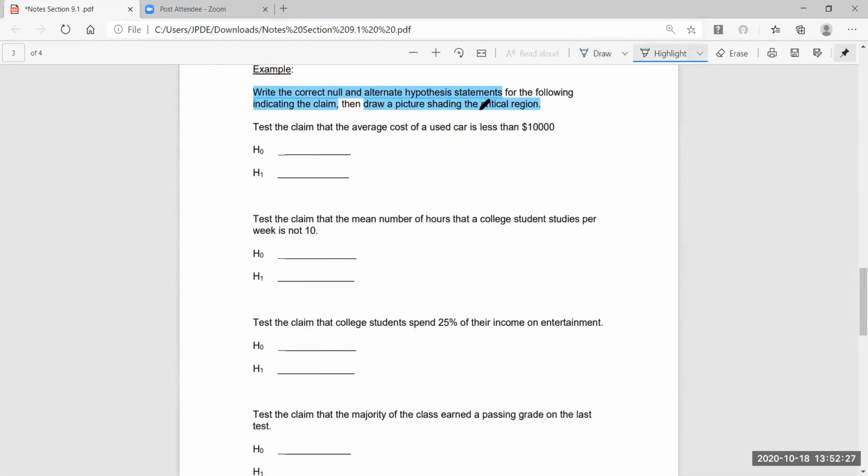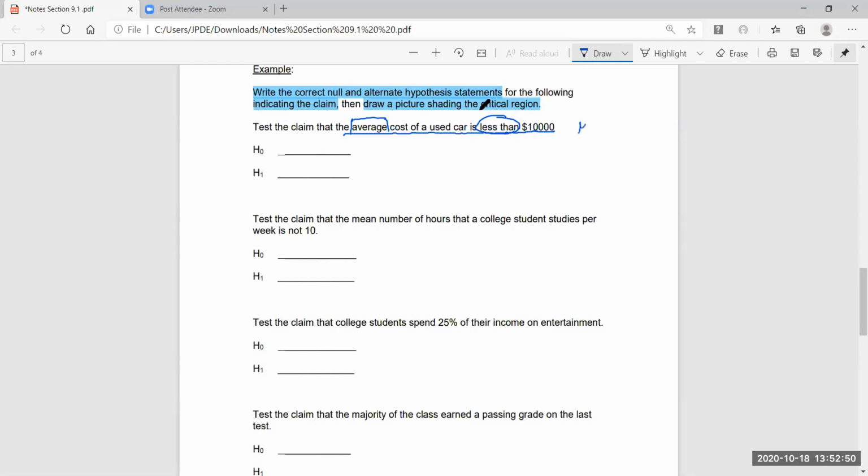So the claim on this one says, test the claim that the average cost of a used car is less than $10,000. Now, I see the word average. Again, we're talking about figuring out something about our population.